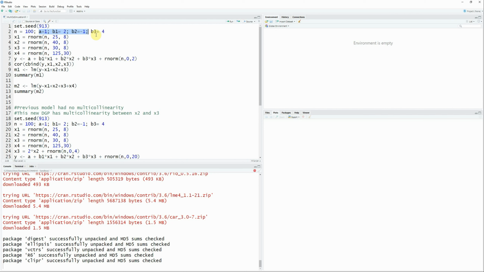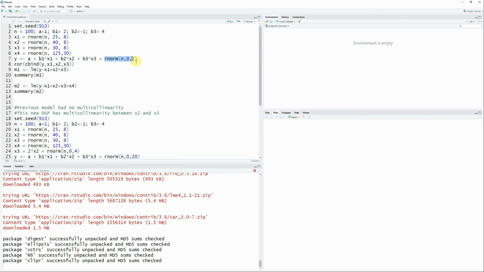So we want to use those parameters in simulating y values. Here's a formula that we're using in our DGP. We use the parameters that we define above plus the variables that we define above.